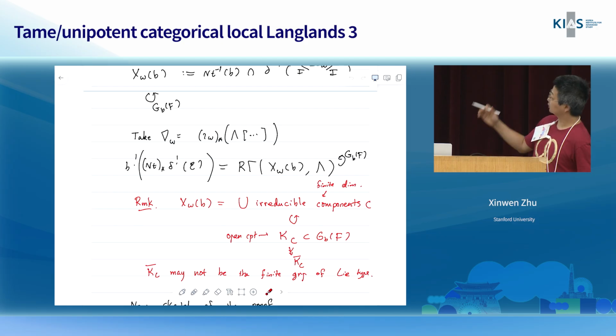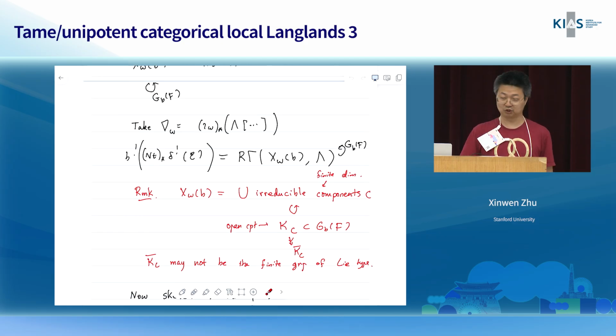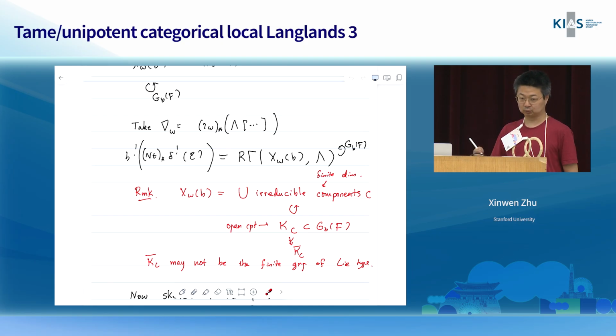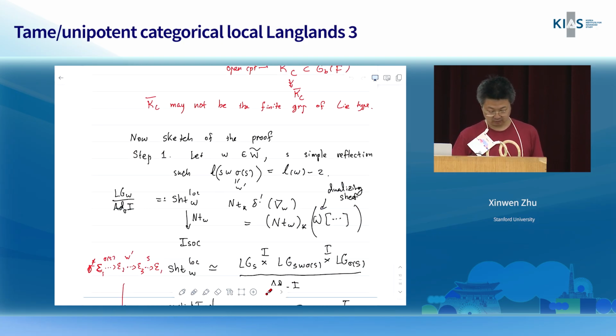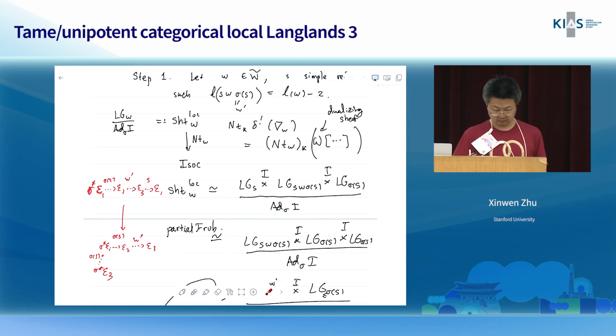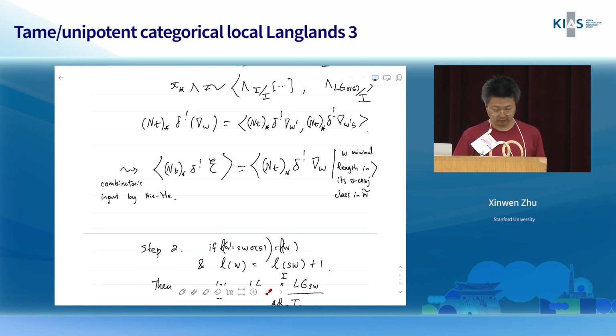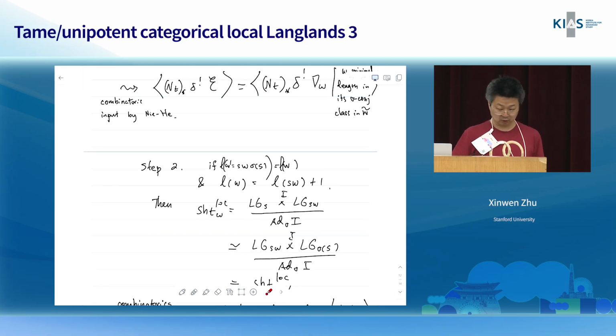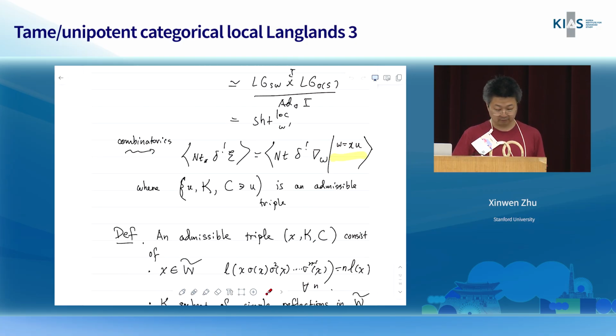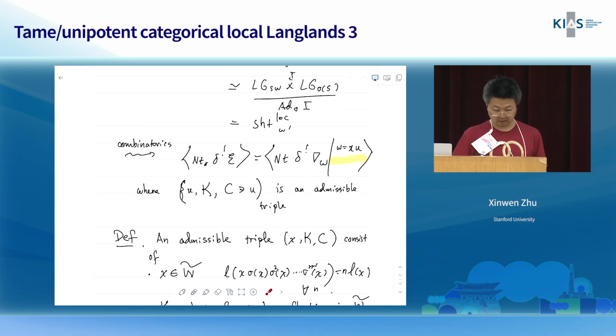Then this remark was trying to say that in general this is pretty complicated. The structure of the Deligne-Lusztig variety is very complicated, and we don't know much about this for general W and B. But then there's a bunch of reductions at some point to show we don't need to really understand the cohomology of general Deligne-Lusztig varieties, but some very special ones. So these are elements of this particular form.